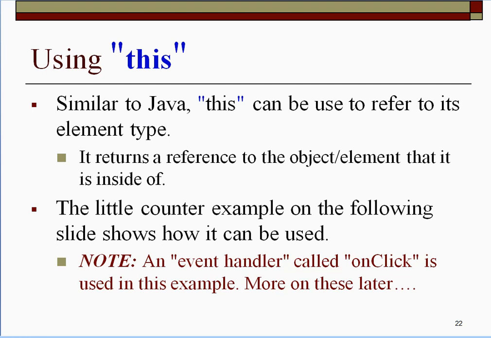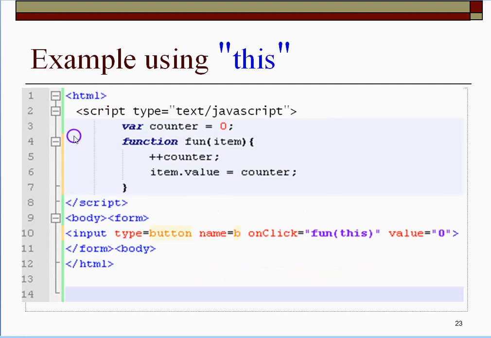The little counter example on the following slide shows how it can be used. A note here that an event handler called onClick is used in this example, but we're going to see more about these later. So here is the example.